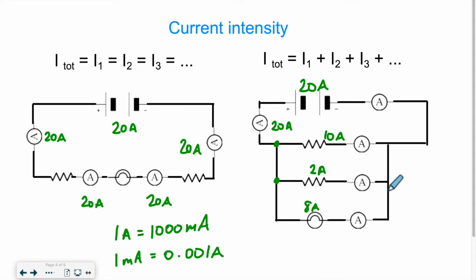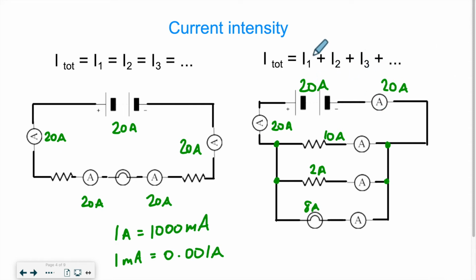Now, since my little partial currents merge together here and here at these nodes, now the total current is circulating here back to the power source. So this ammeter should pick up a reading that is equivalent to the total current as well. So again, don't get confused.